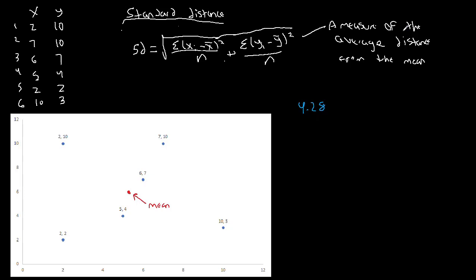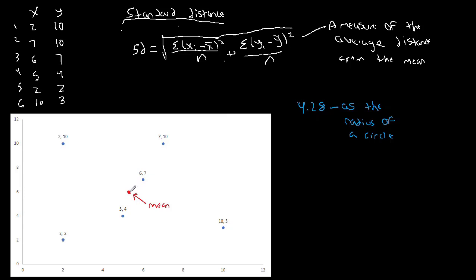Typically, the way standard distance is represented is by using this distance as the radius of a circle. This is a measure of the average distance from the mean, but we typically represent it as the radius of a circle.